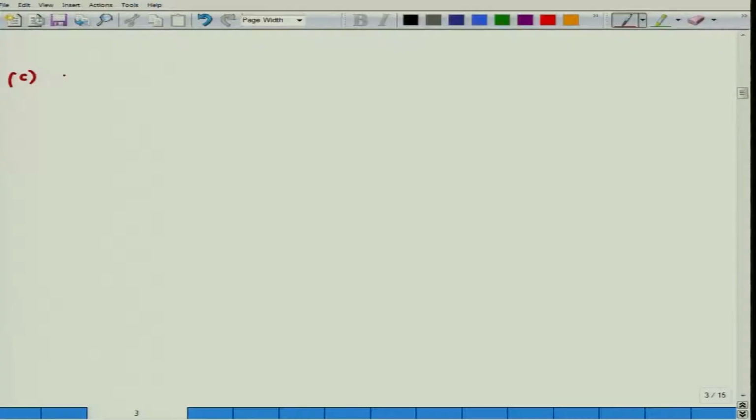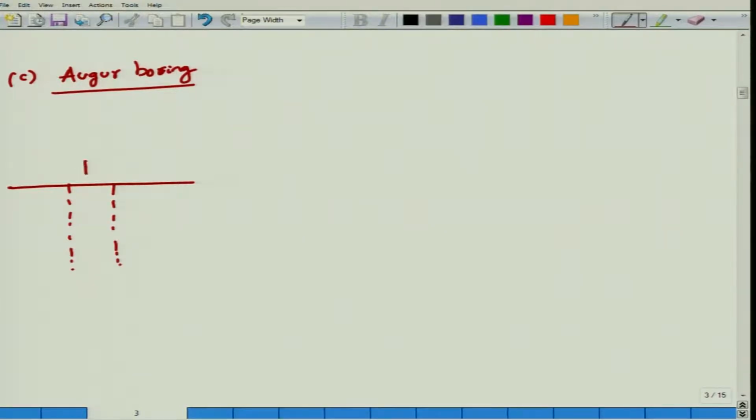So, the third one is auger boring. Auger boring, if I draw it, so there is a borehole, then this auger, then there is a handle here.